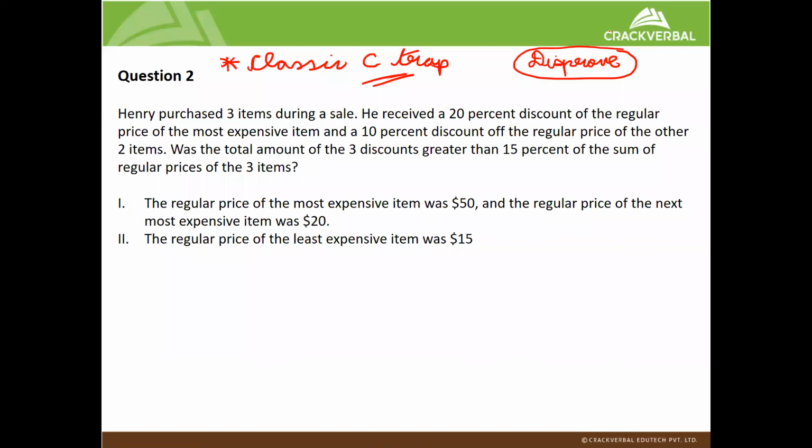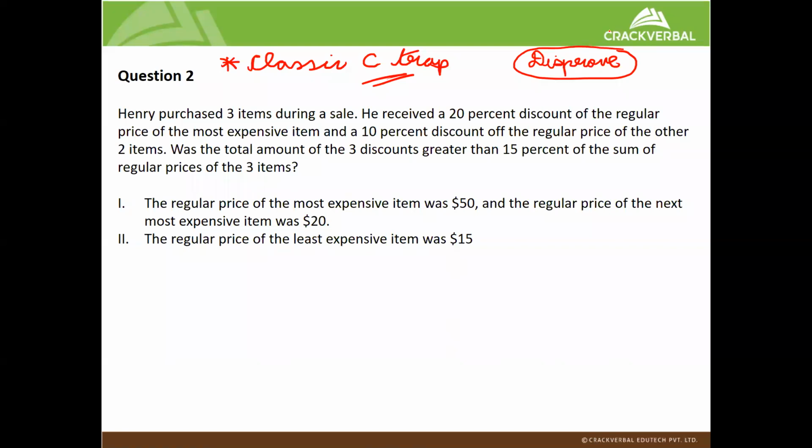Now, clearly looking at this question, the question was whether the total amount of the three discounts is greater than 15% of the sum of the regular prices of the three items. This is a yes-no data sufficiency. So the only way you can eliminate a statement by saying it's insufficient is if you get a contradiction in terms of a yes and a no.